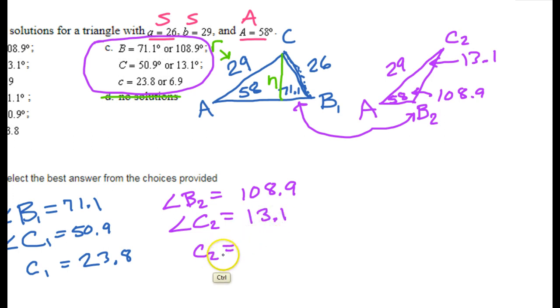So that just leaves side C2. When we're finding sides, we put sides on the top. Remember the same pair we've been using for the entire problem, we're going to use it again.